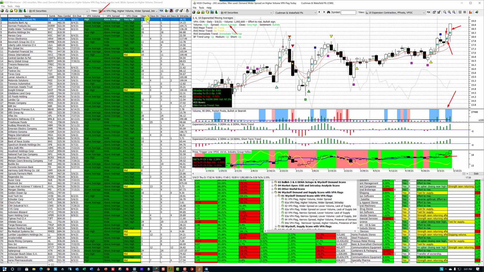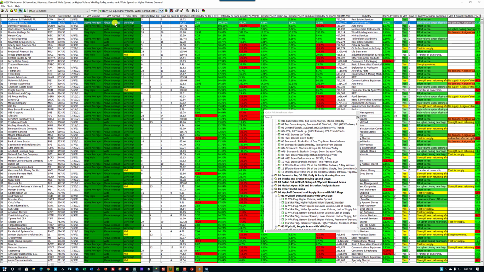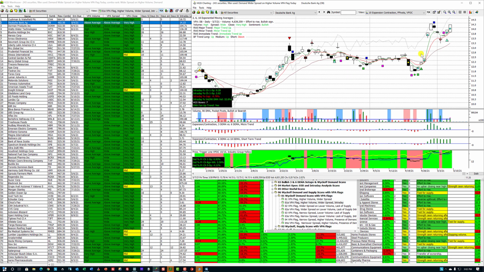As of today, above average. Okay, first of all, the volume's high, the spread is above average again, and the close is very high again. So this is a good example of using Wyckoff and VPA together. This is an extremely powerful program. You won't find this anywhere else. Don't even try.